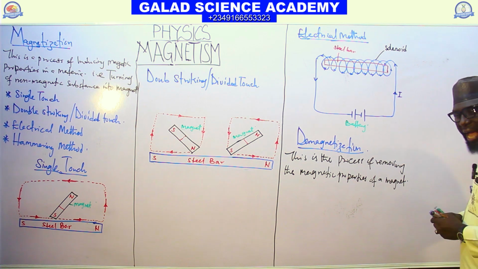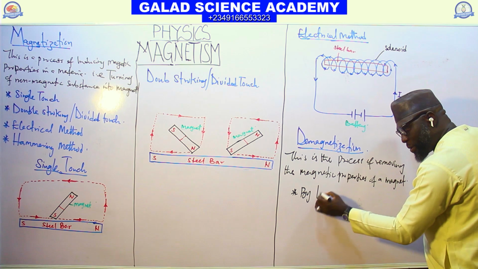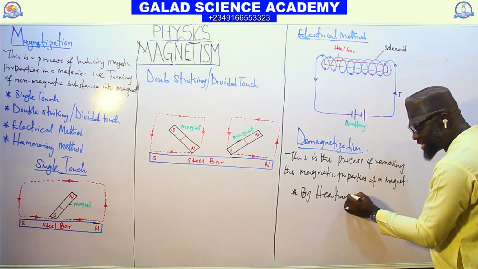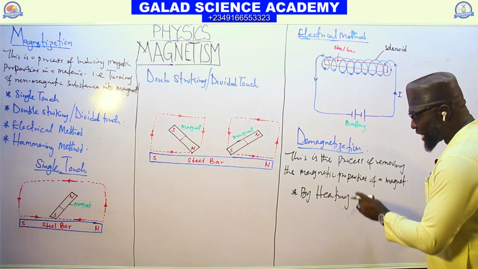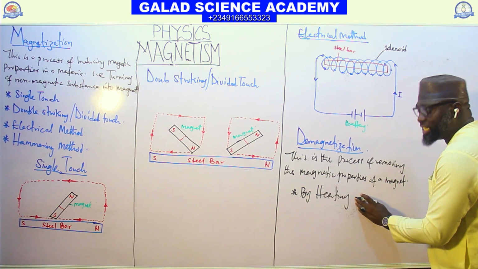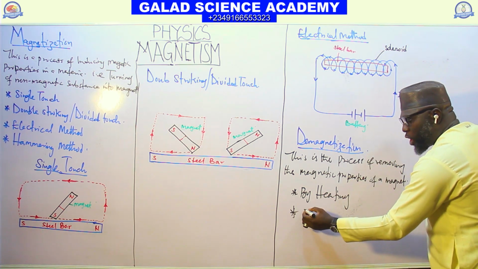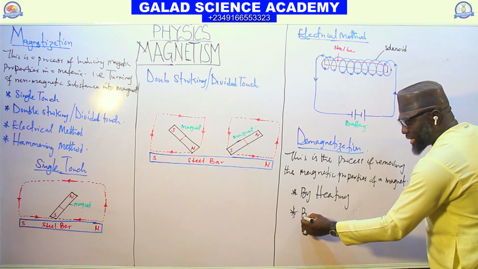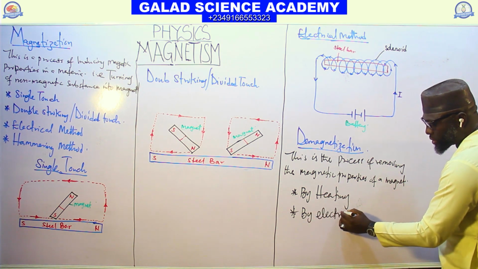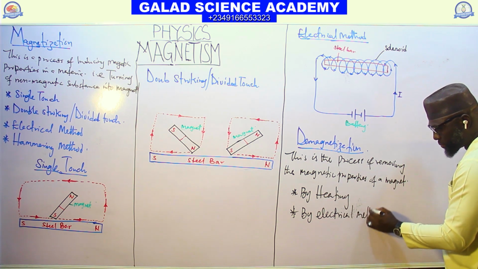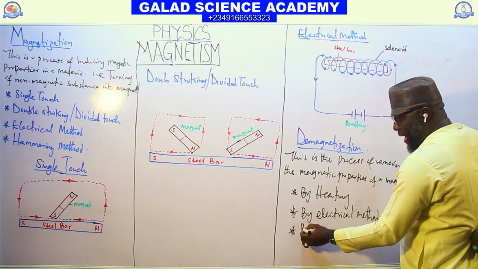And this can be achieved by heating. If you heat a magnetic iron to a particular temperature, the magnetic property will be lost. Or by the electrical method, or by hammering.